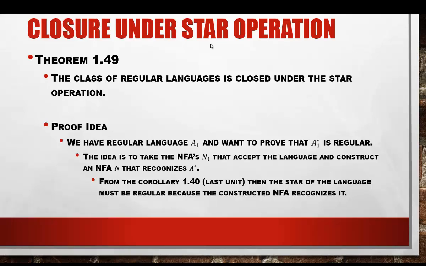What we will do effectively is take an NFA, N sub 1, that recognizes the language A sub 1, and then we modify it in such a way that it will recognize the language A sub 1 star.